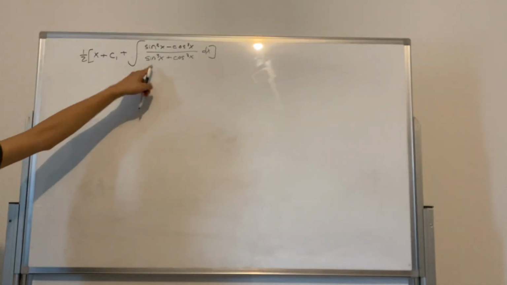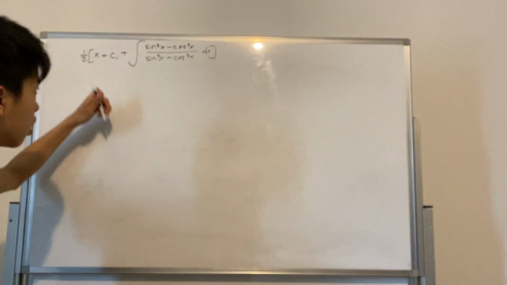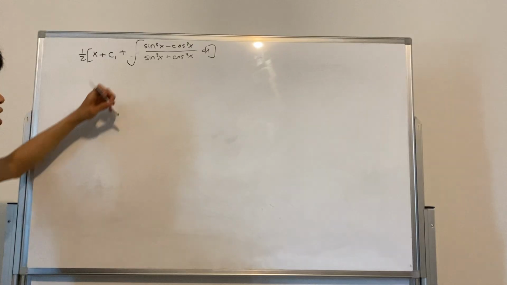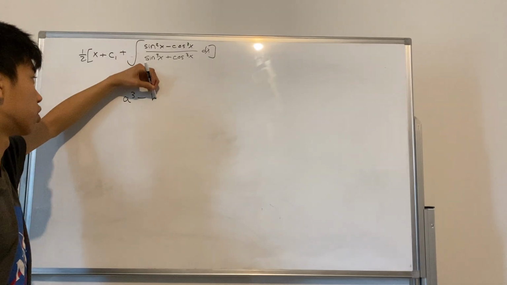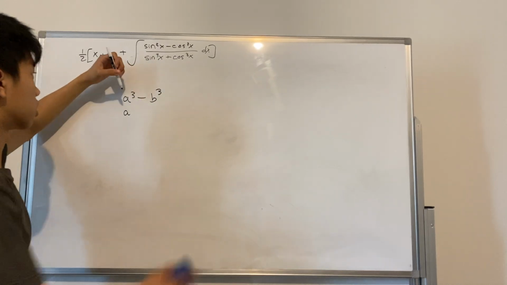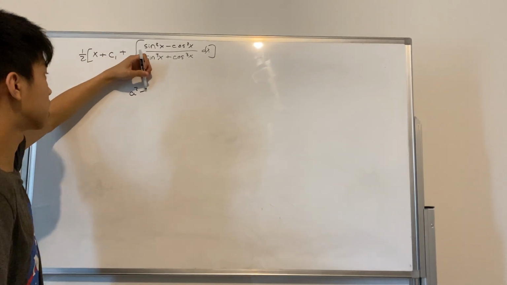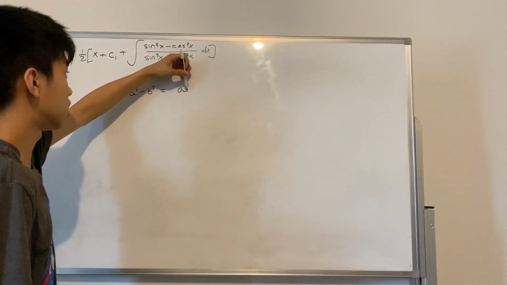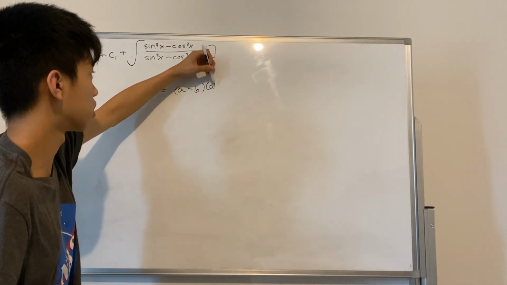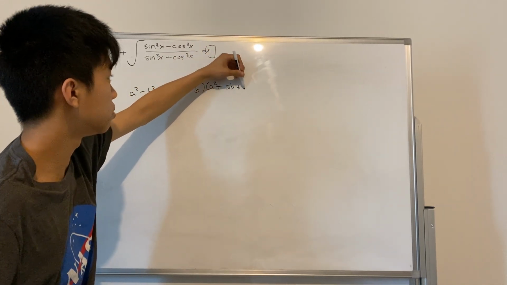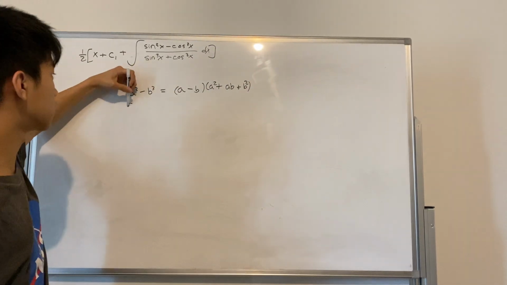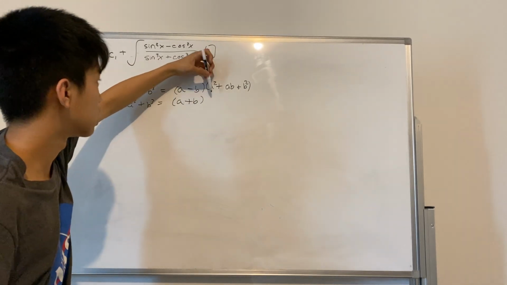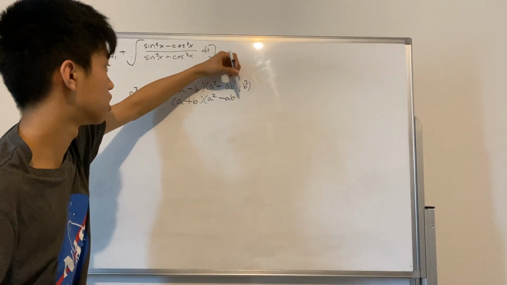First of all, I'd like you to recall the cubic polynomial expansion that you may have learned in Algebra 1 or 2, where a cubed minus b cubed is equivalent to a minus b times a squared plus ab plus b squared. Similarly, a cubed plus b cubed equals a plus b times a squared minus ab plus b squared.